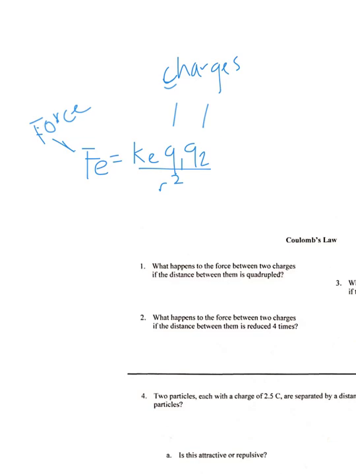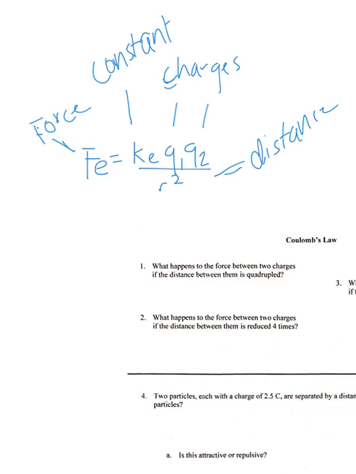This here, the R, is the distance. And then K is just Coulomb's constant. So remember that this here is a constant. This is just a refresher from what we spoke about last class, okay?